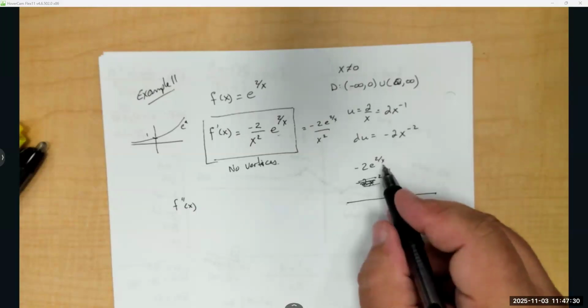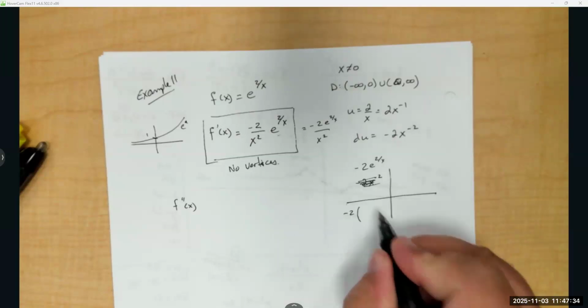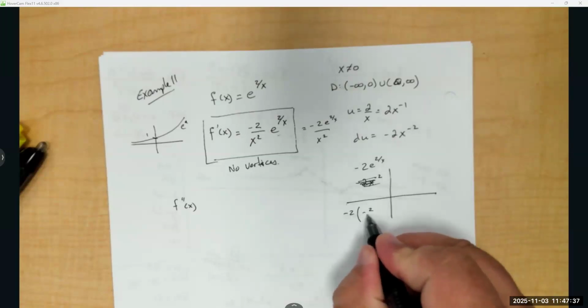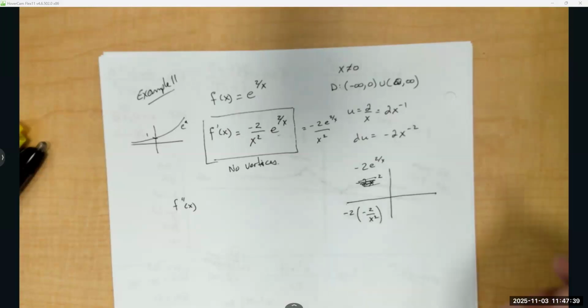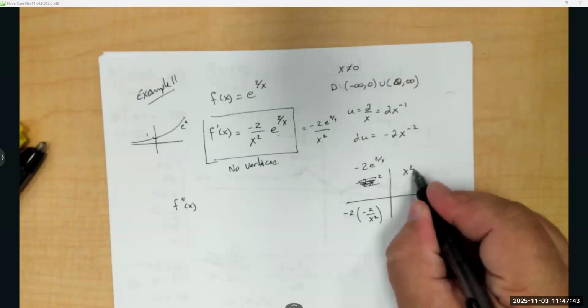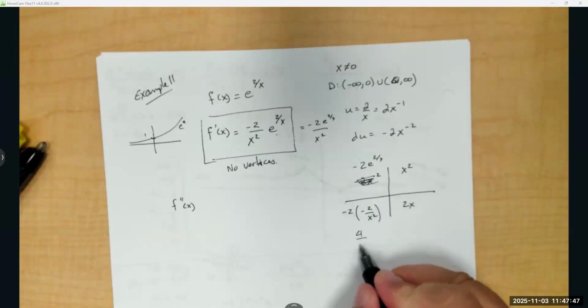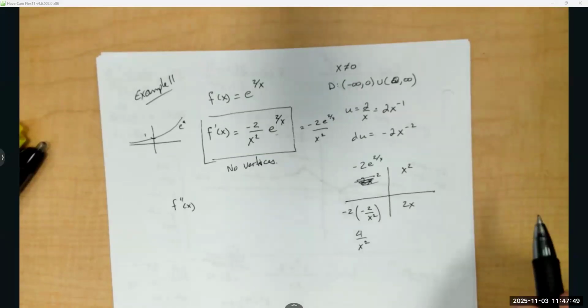The derivative would be negative 2 times negative 2 over x squared. The denominator is x squared, so it's 2x. So it's positive 4 over x squared.